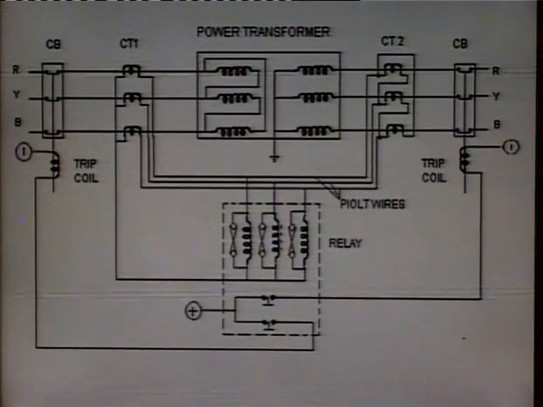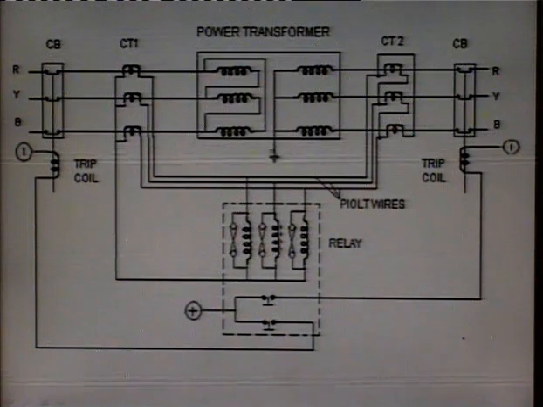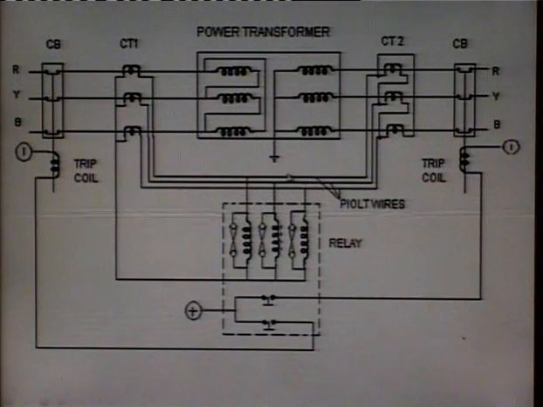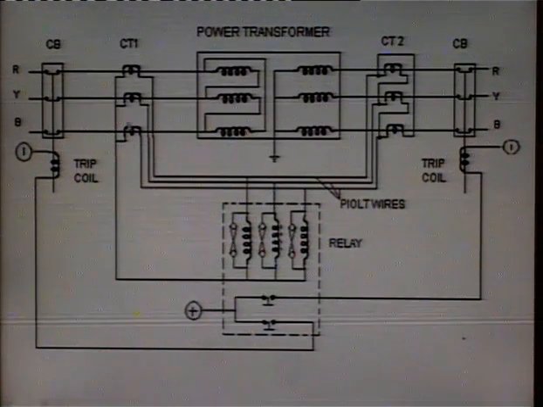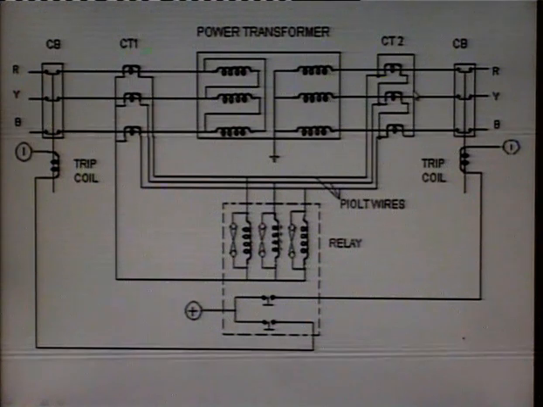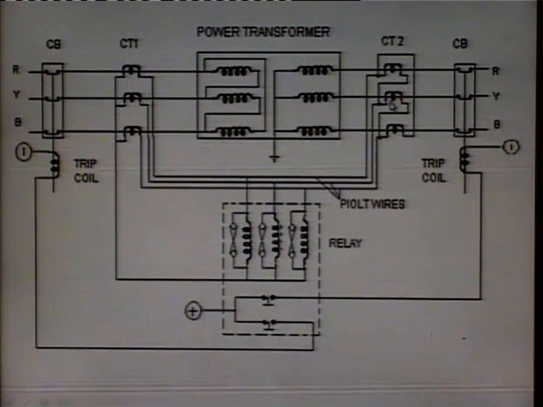See, in every protection, if it is a protection of a power transformer, or it is a protection for generator, or for transmission line feeder, etc., the part to be protected is always connected in the center, and in the left and right side always CTs are connected.